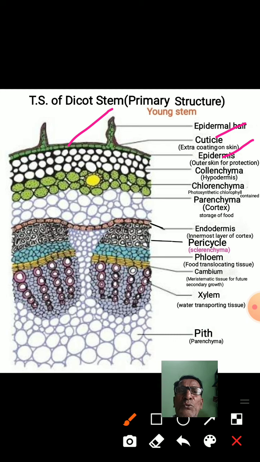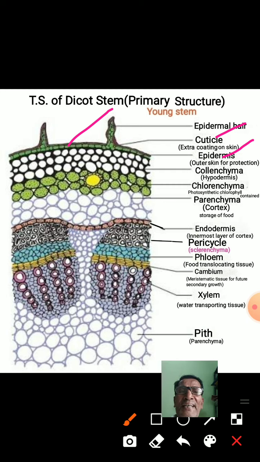The hairs are also meant for the reflection of light, which causes desiccation and burning. So this is the sort of protective function which the epidermal hairs perform, and they are developed from the epidermal cells. So this is all about the epidermis, the outermost covering, the outermost protective skin of the plant stem.